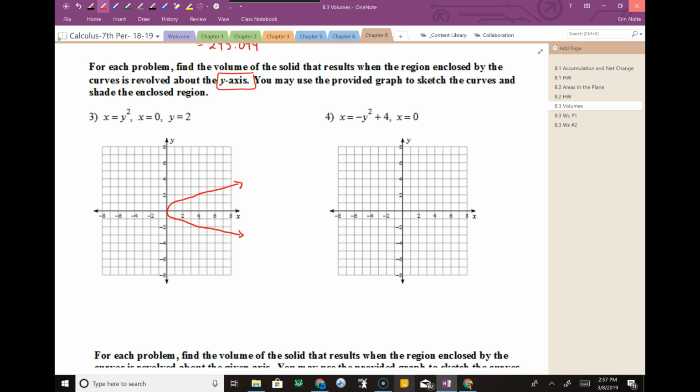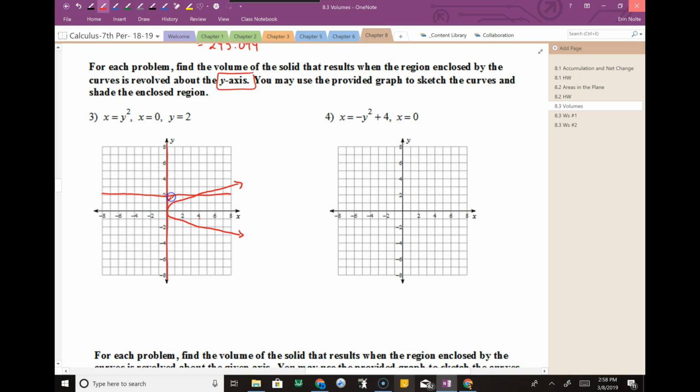The line at the y. Good. It's the y-axis. X equals 0 is just the y-axis. And then what does y equals 2 look like? Horizontal. Out 2.